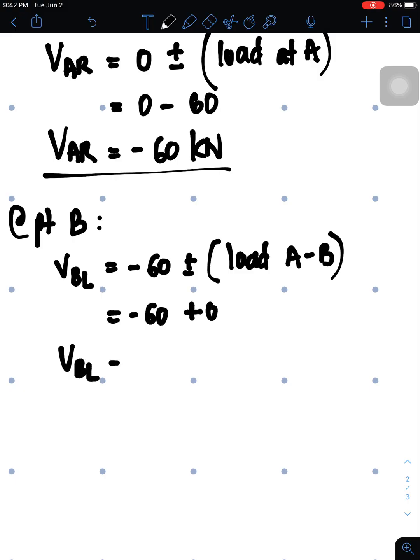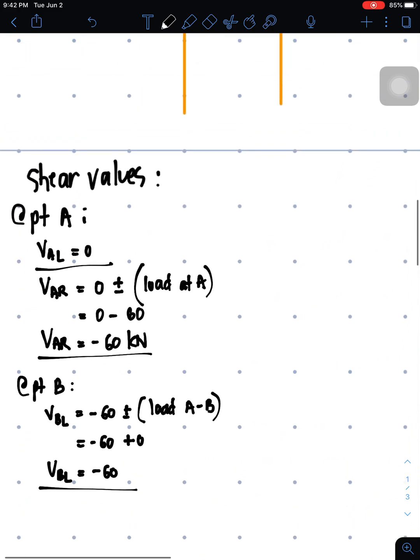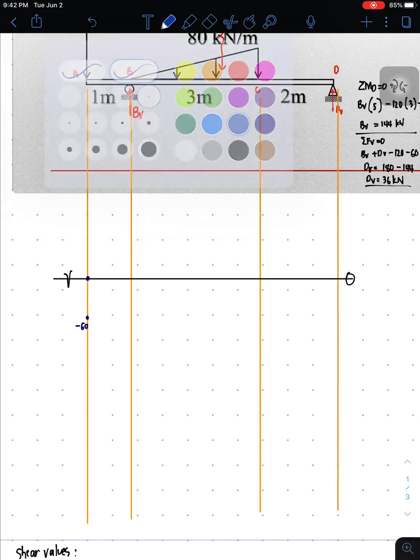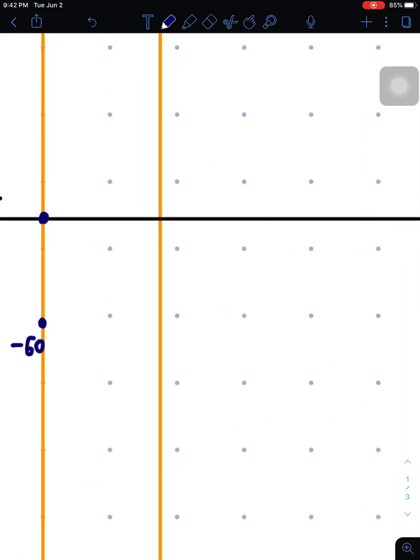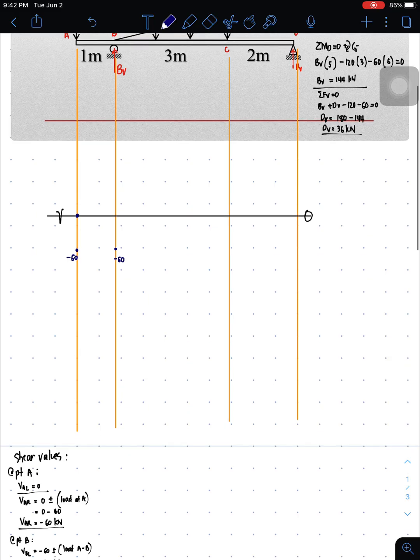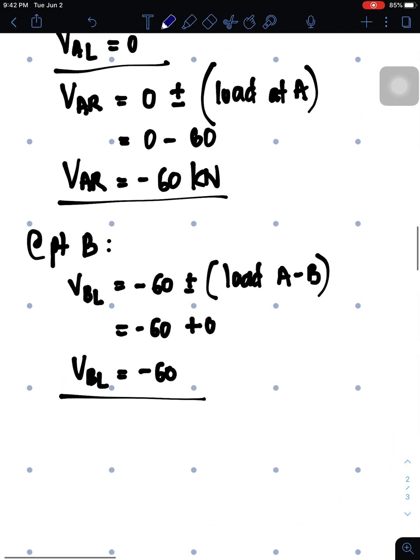So VB left is only negative 60. Now, let us plot negative 60. VB left is negative 60. And then proceed with VB right.